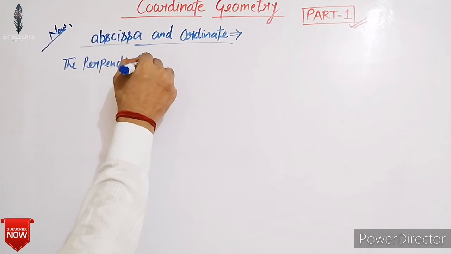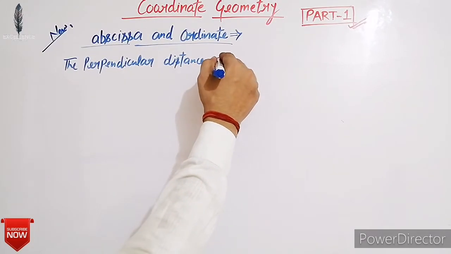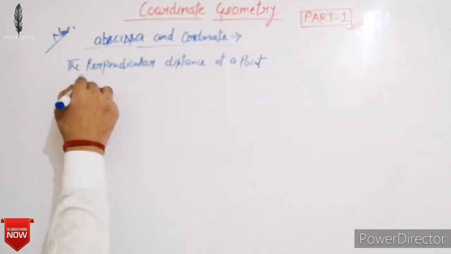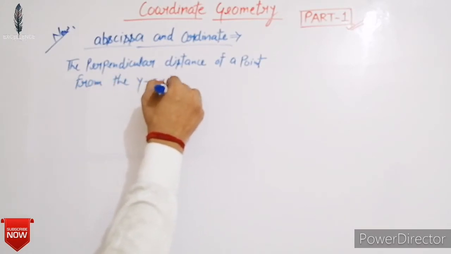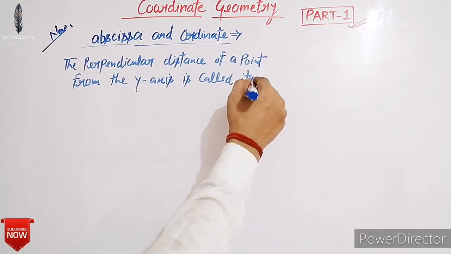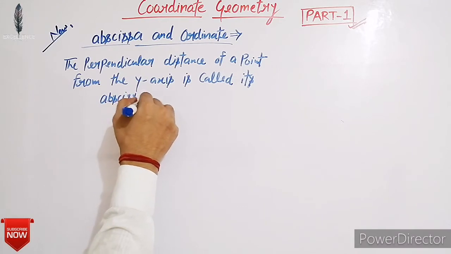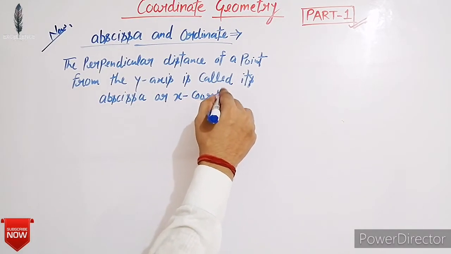Students, the perpendicular distance of a point from the y-axis is called its abscissa or x-coordinate.